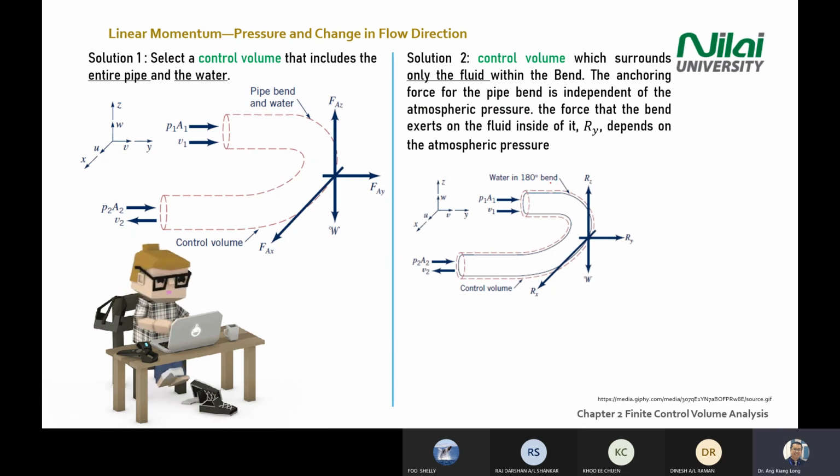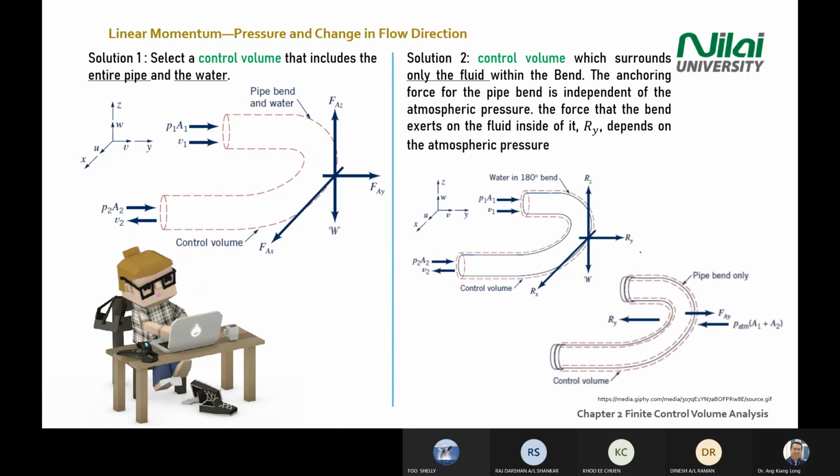In the forces diagram on the lower right corner of your screen, you'll see that atmospheric pressure was added inside the free body diagram, and you have an Ry here. So there are two methods, but they still give you the same answer at the end.